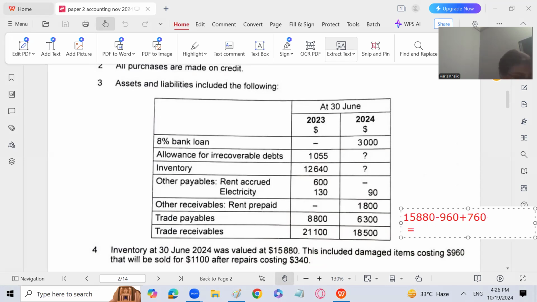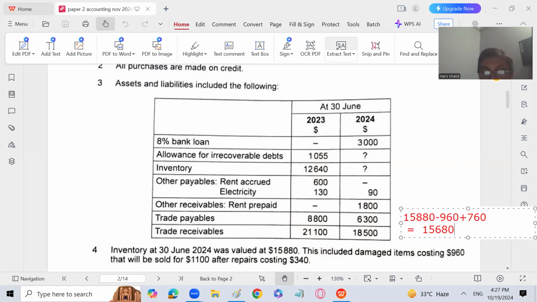Let me calculate it. 15880 minus 960 plus 760. The answer is going to be 15680. So 15680 is the right value for the inventory which we have calculated.